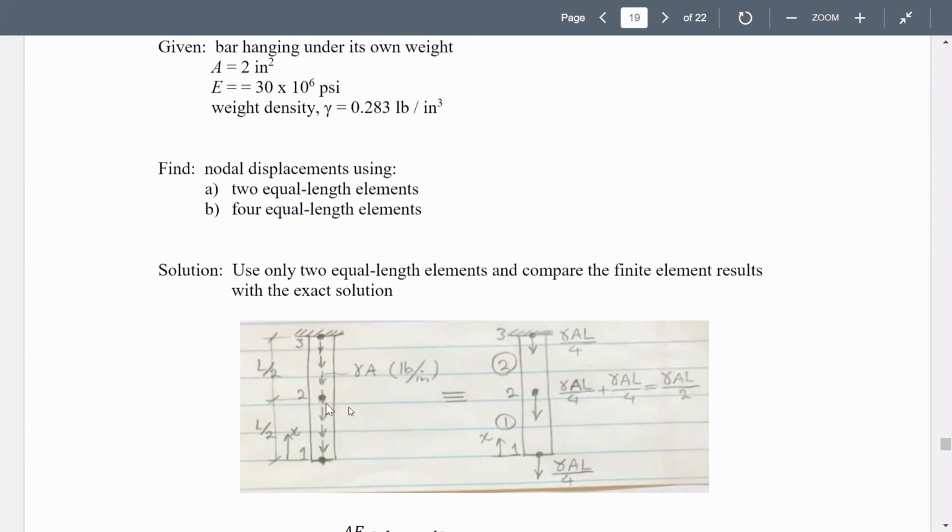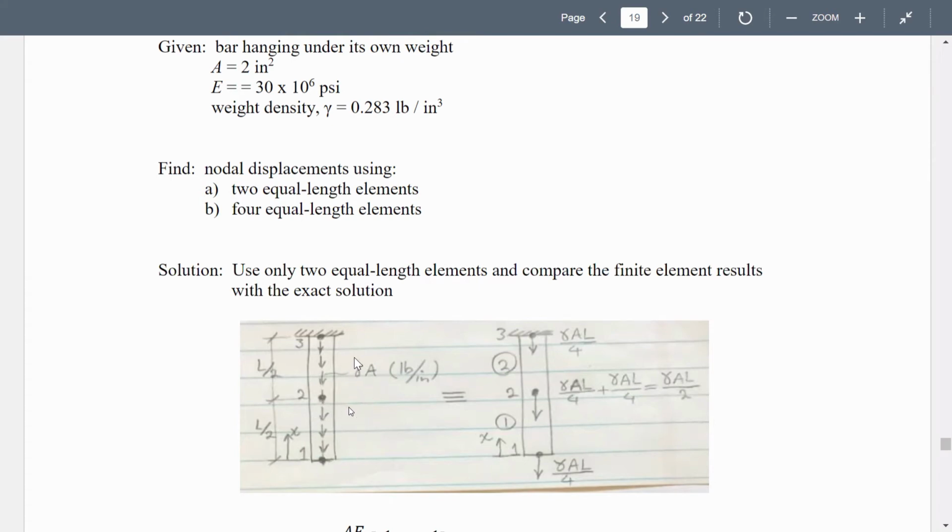Because we said that half of the total force should go to node 1, half should go to node 2. We cannot carry it like this when it is distributed. We have to convert it to equivalent nodal forces. So we need the total force, then put half at node 1, half at node 2. What is this total force here?